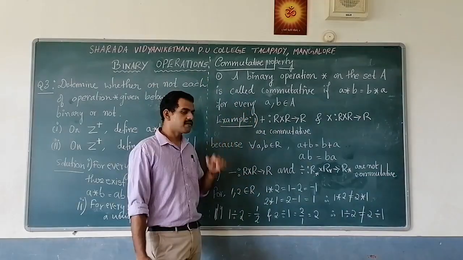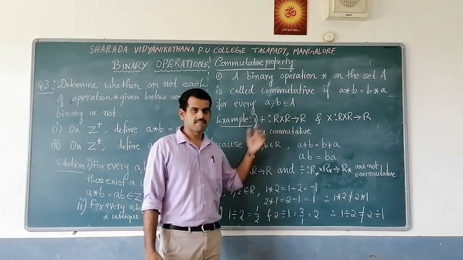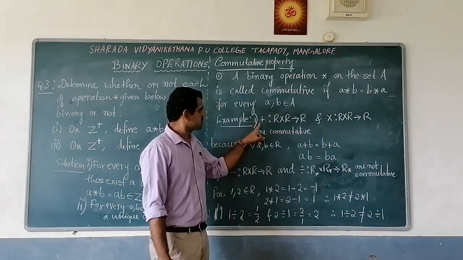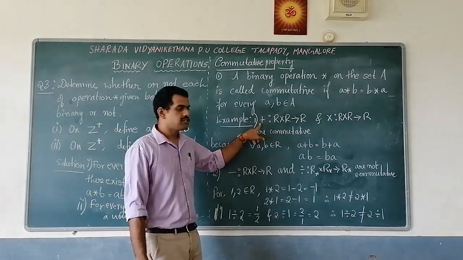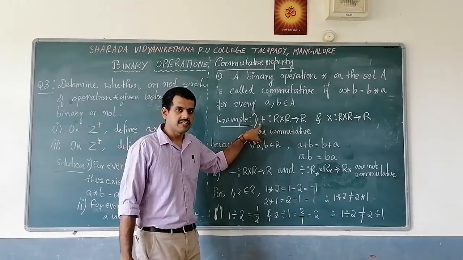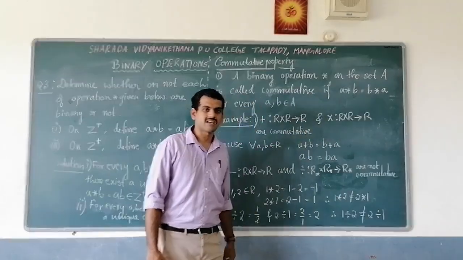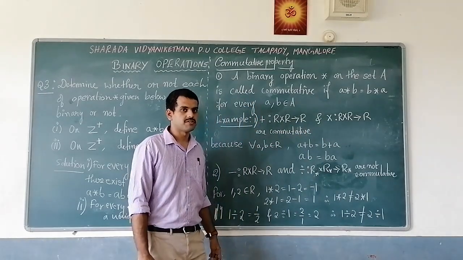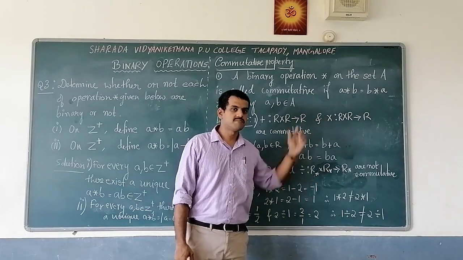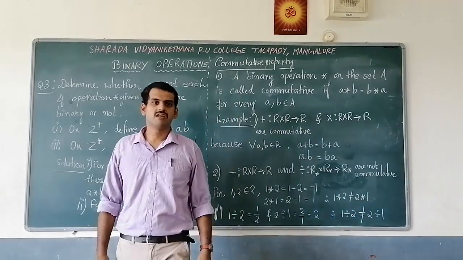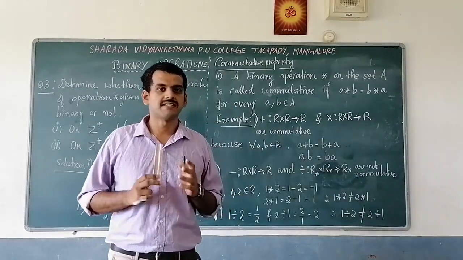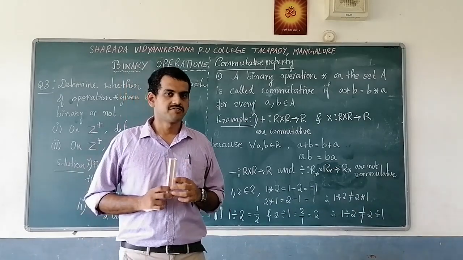One example I will take: coming to the real number system, we have already seen that addition is a binary operation. Similarly, multiplication is also a binary operation. When we take these two binary operations on the set of all real numbers, definitely they are commutative.